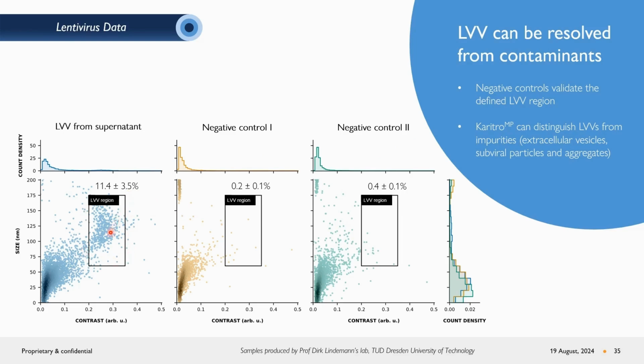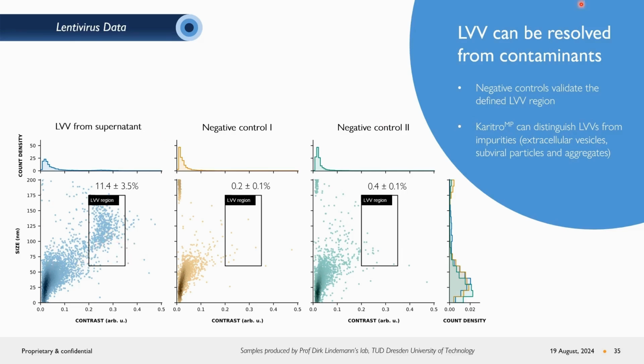However, this population is absent in the two negative controls, which helps us assess where the lentivirus are to be expected in these Karitro graphs. In conclusion, the Karitro can distinguish lentiviruses from impurities, and specifically lentivirus particles from extracellular vesicles and protein aggregates.